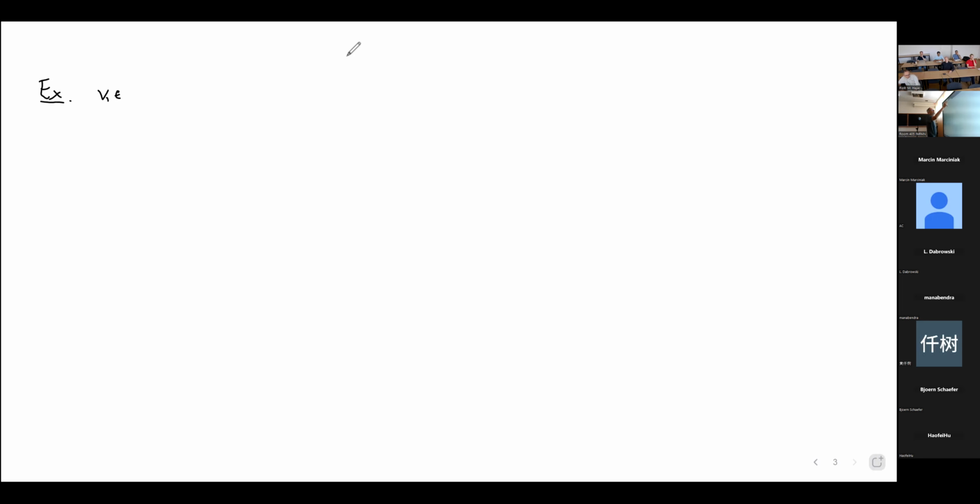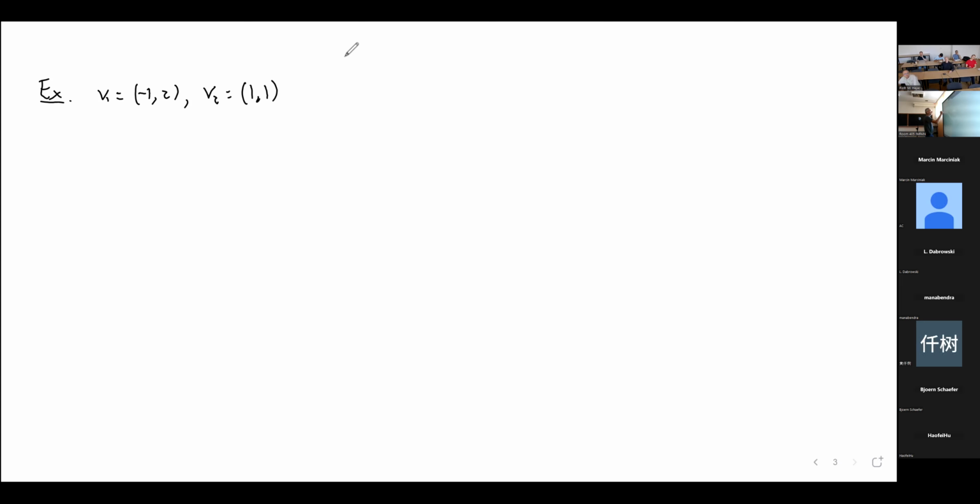V1 equals (-1, 2). And V2 equals (1, 1).